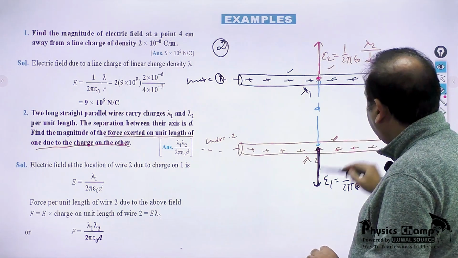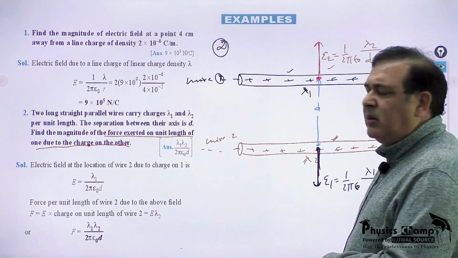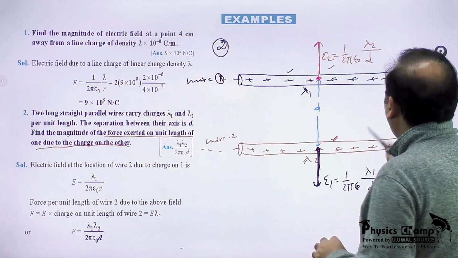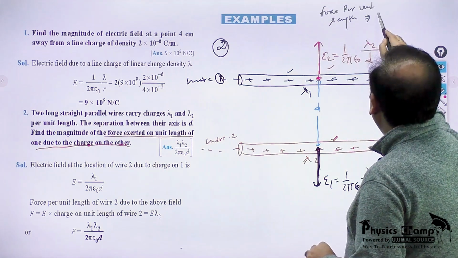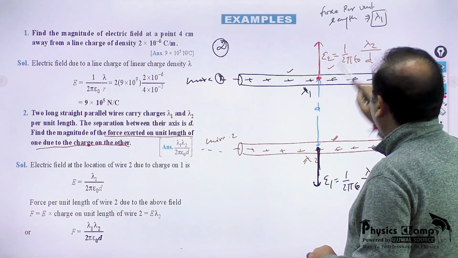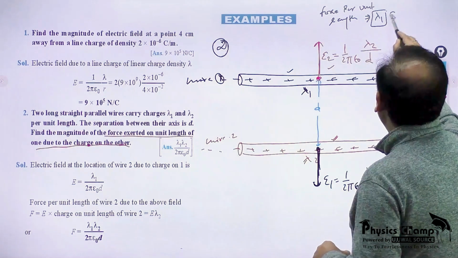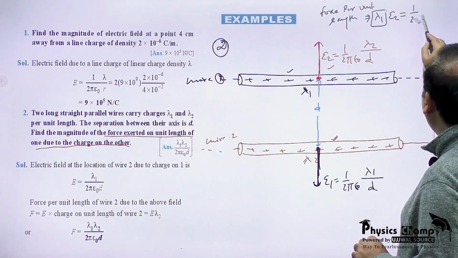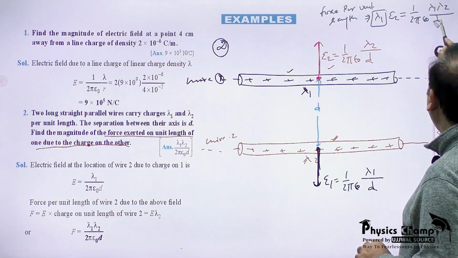E2 is due to charge density lambda 2. Now question is, what is force per unit length? So force per unit length would be the charge in unit length, which is lambda 1, charge per unit length, into E2. So force per unit length will be 1 by 2 pi epsilon naught lambda 1 lambda 2 by d.